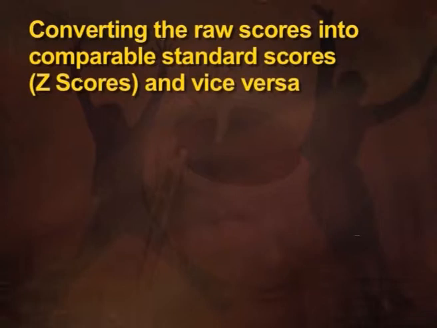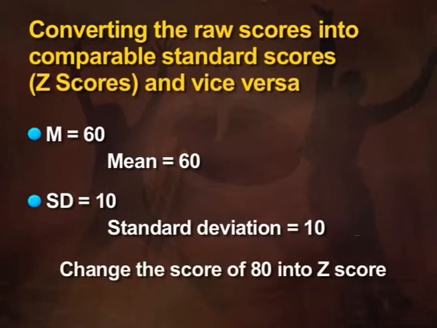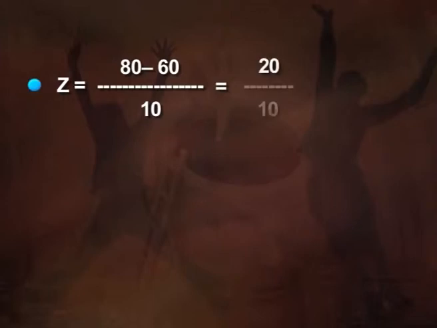So, in the first condition, where we are finding the Z score from the raw score, we have, for example, m is equal to 60, that is mean is equal to 60, SD is equal to 10, that is standard deviation is equal to 10, and we have to change the score of 80 into a Z score. So, we incorporate the data given to us into the formula as follows: Z is equal to 80 minus 60 by 10, which gives 20 by 10, and we get the Z score as 2.